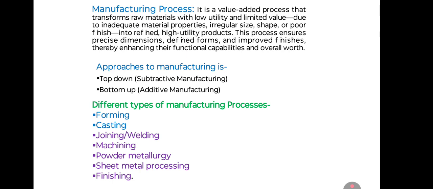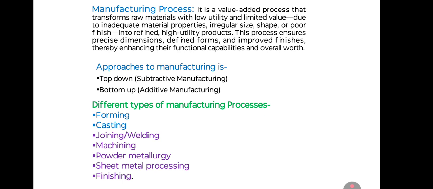So when we are considering a metal cutting process, let us start from what a manufacturing process actually is, because metal cutting operations come under manufacturing processes. Manufacturing is a value addition process that transforms raw materials with low utility and limited value, due to inadequate material properties, irregular size, shape, or poor finish, into high utility products.